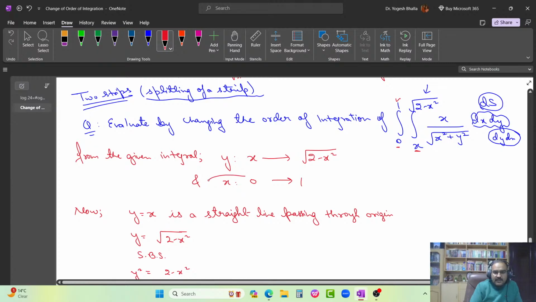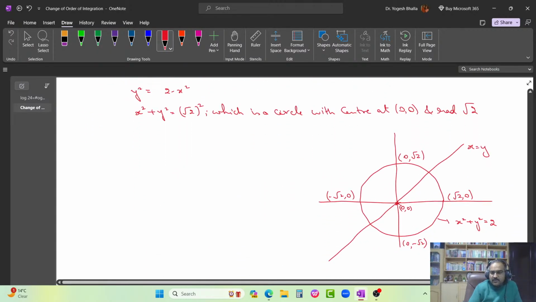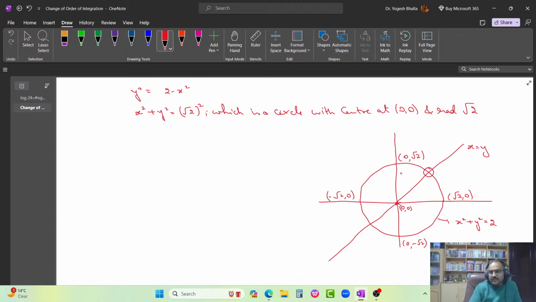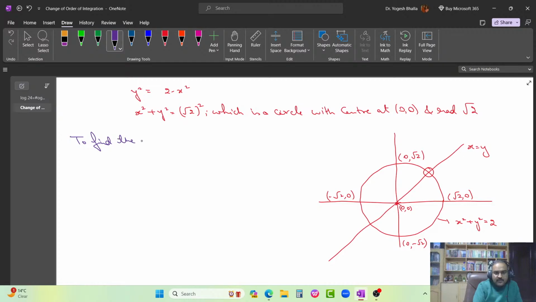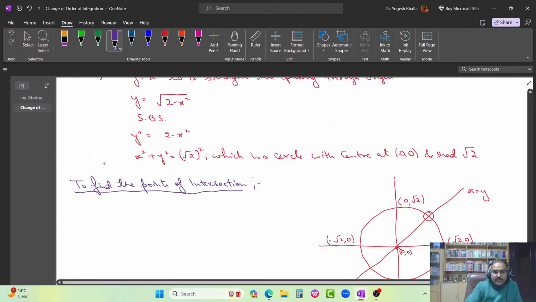Next is x varies from 0 to 1. Before drawing that, I need to find the points of intersection of these two.